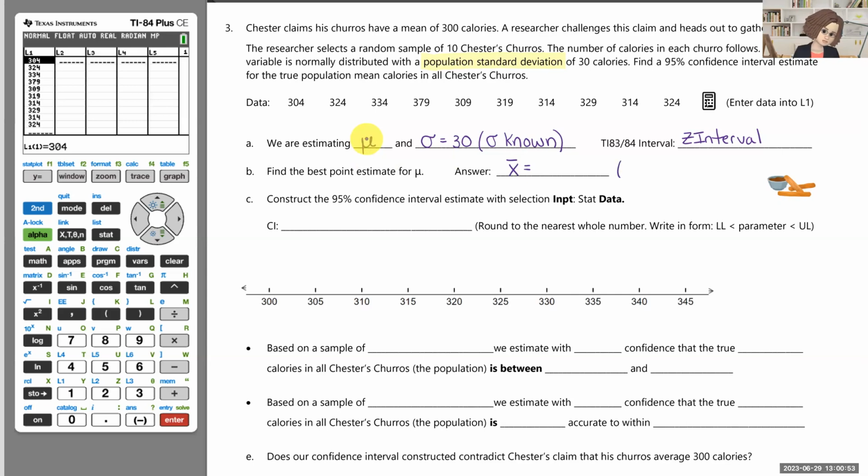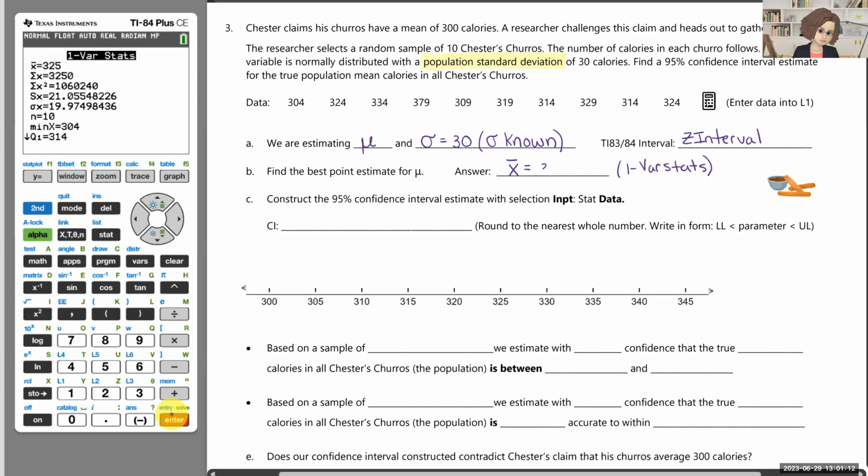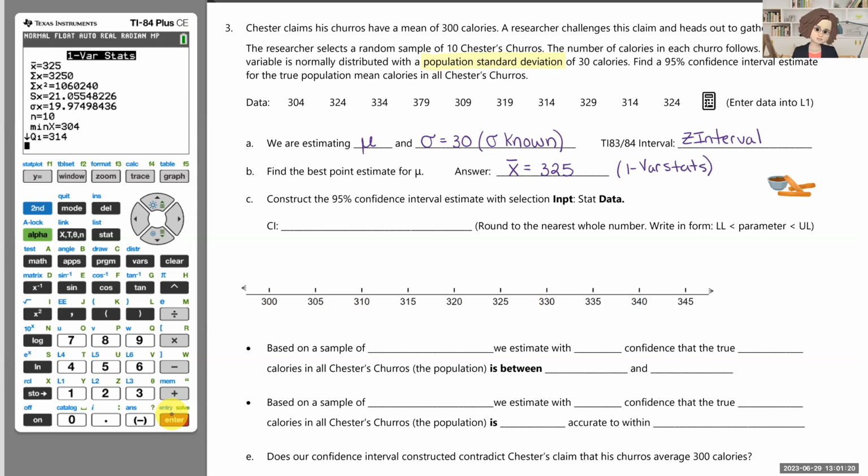And I'm just going to run one-var stats just to find that value. So stat, calculate, one-var stats, and my data is in L1, so I can just hit enter, and then I'll see at the top that the average calories for these 10 churros was 325. So that's our point estimate.